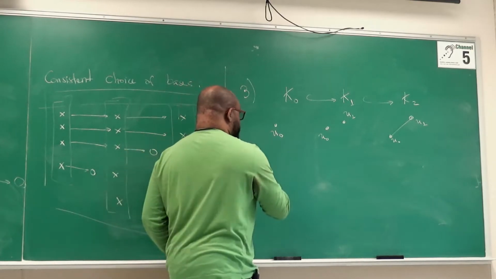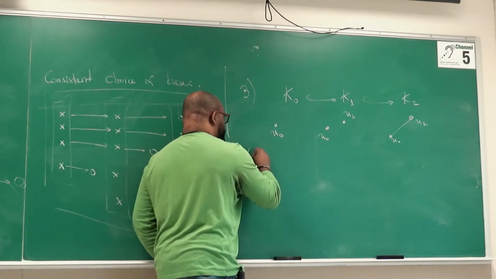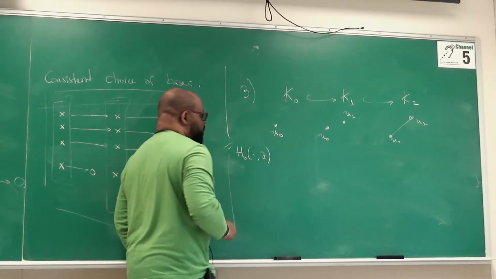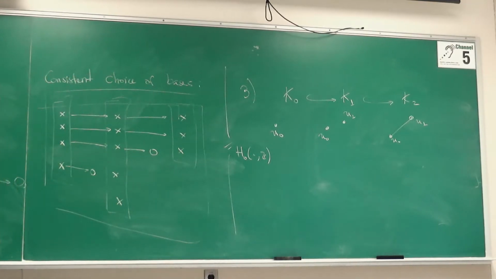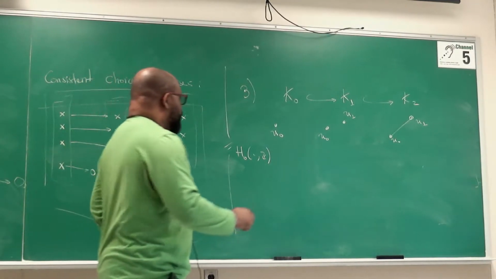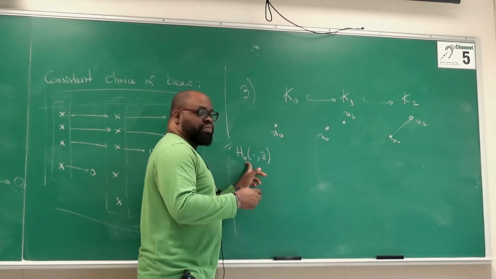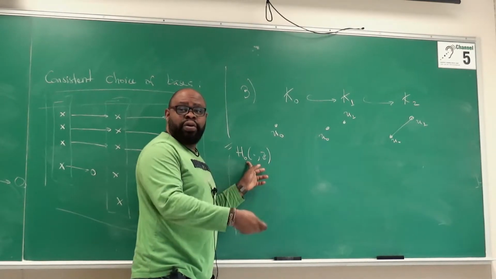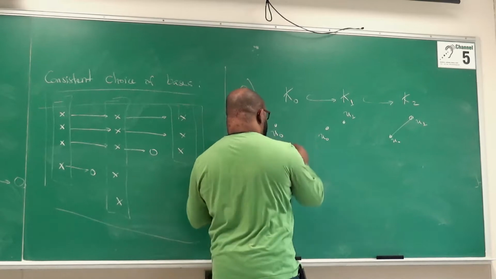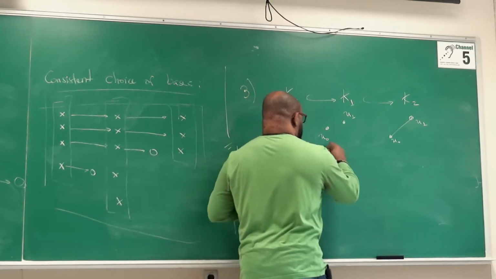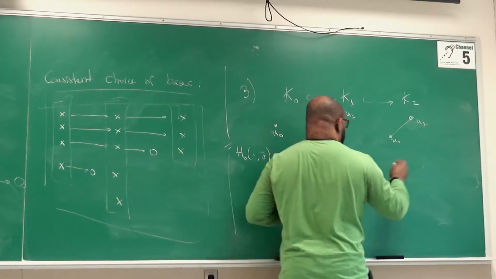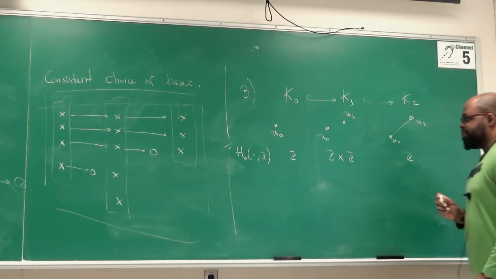And let's compute H0 for each one of these complexes. Remember that H0 is measuring the number of connected components of the space. So in here we should get Z, Z cross Z, and Z.